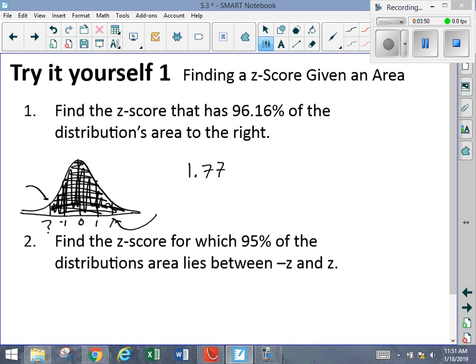What that gave us was the z-score that corresponds to this point, where 96.16% of the area is shaded below.